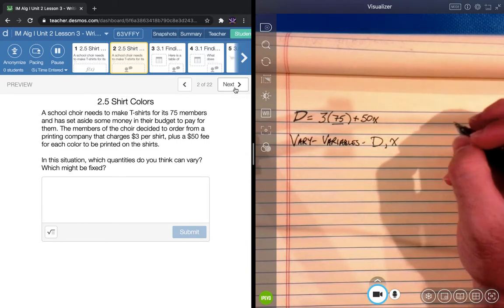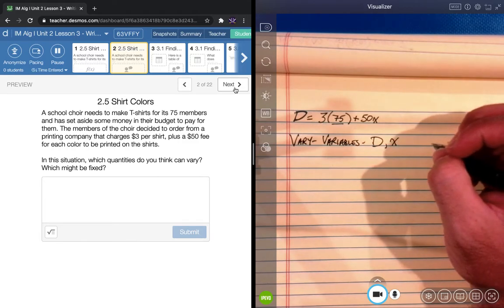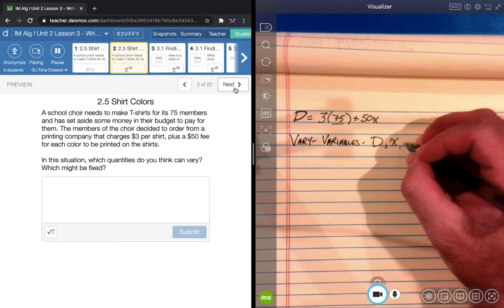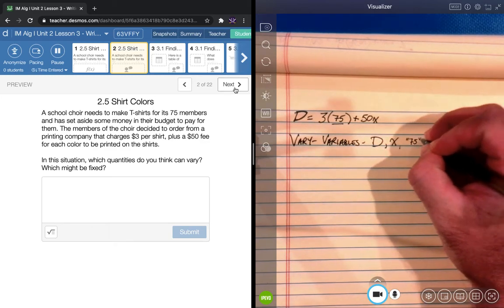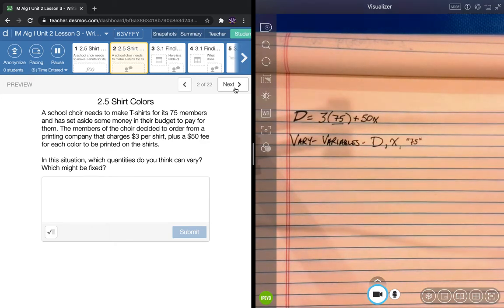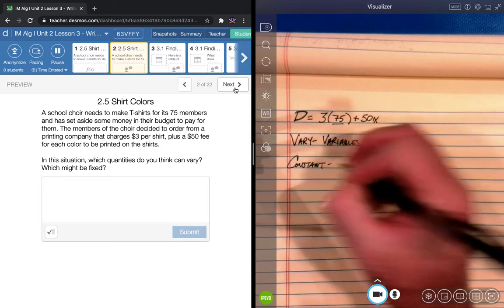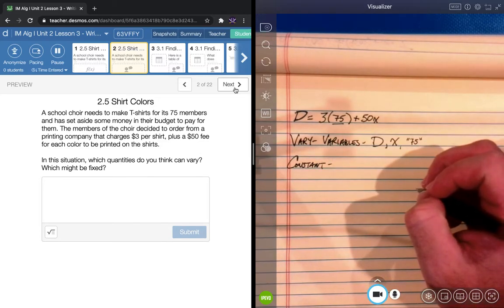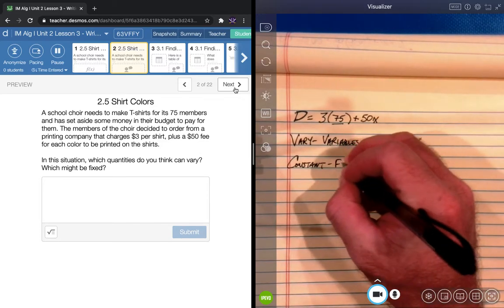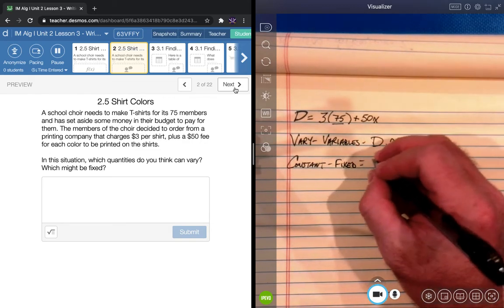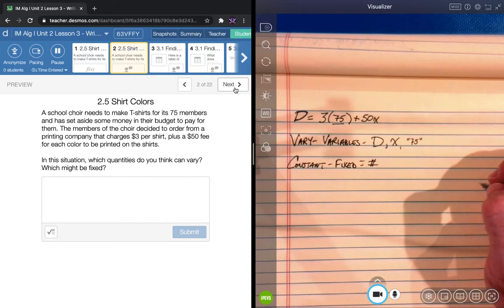That's also going to be X, the number of colors on the shirt. And I would even throw in the 75 because that's the number of people. We always could have the members vary, but the constant is what's not going to change. That is what's fixed. It is not a variable. It's a number.